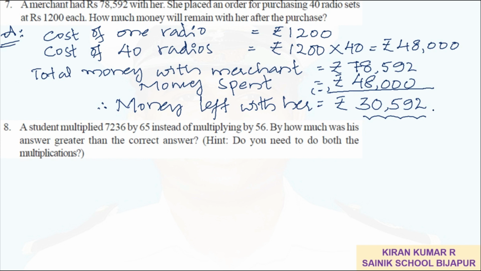Yes, we need to do both multiplication. We'll first find out the wrong answer, then we'll find out the right answer, then we'll find out the difference in the answers. So let me first find out the wrong answer. Wrong answer will be 7,236 multiplied by 65.